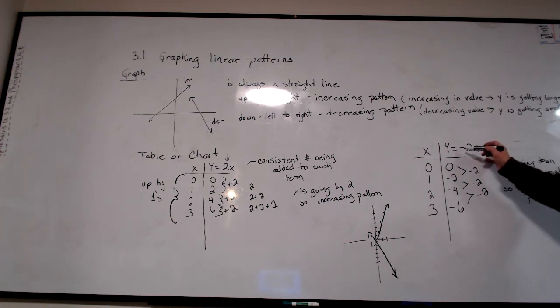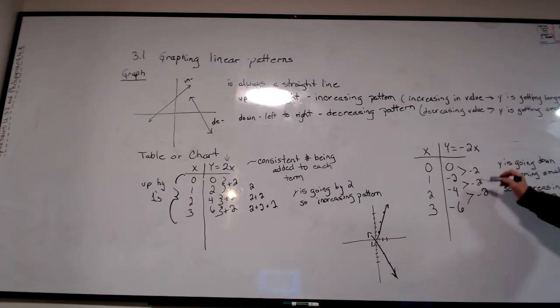Because of this negative in front, it means it's going down because we're adding a negative 2 each time. So that's really what chapter 3.1 is all about. It's just looking at patterns, graphing them.